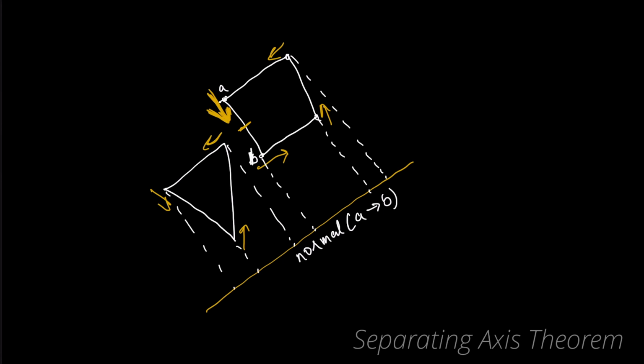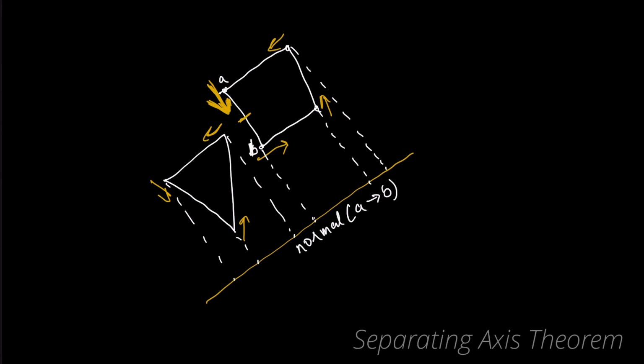And we need to use the biggest range that covers the whole projection. For each polygon, we track the minimum and the maximum of that projection, right?